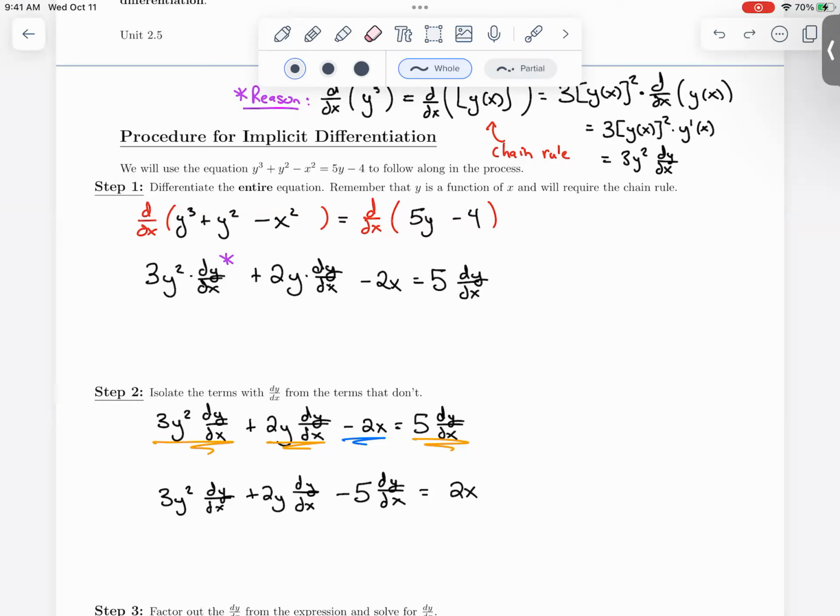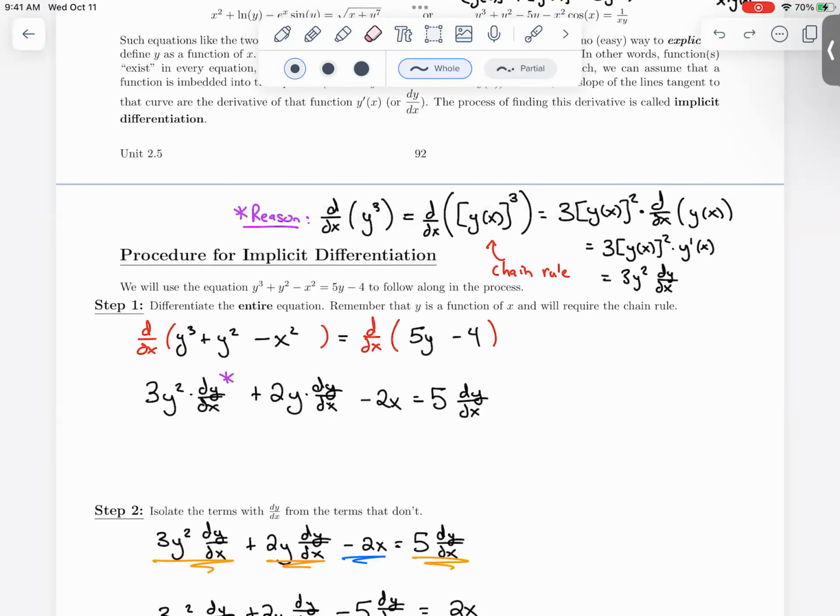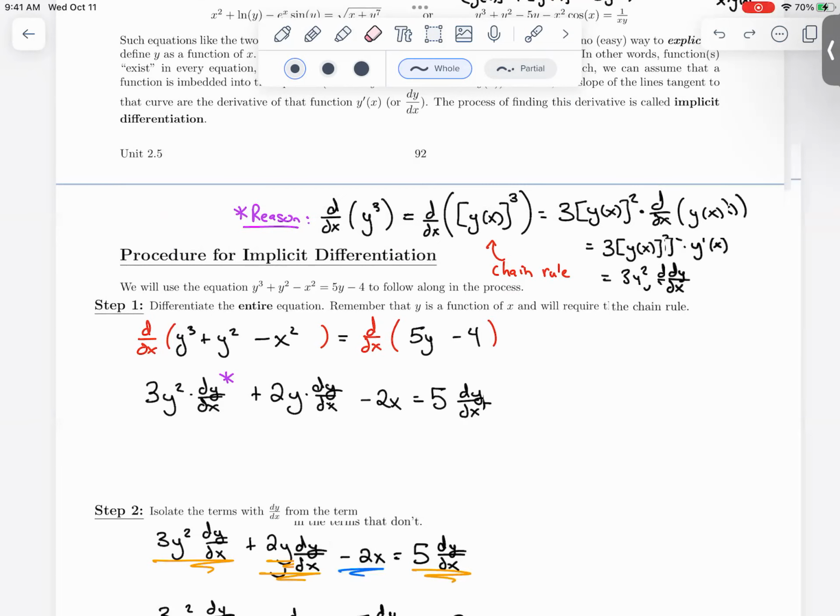Whereas if you write this, you're saying take the derivative of y cubed plus y squared minus x squared, and then also take the derivative of 5y equals 4. Once again, the reason why y cubed's derivative was 3y squared dy/dx is the fact that y is being treated as a function of x.